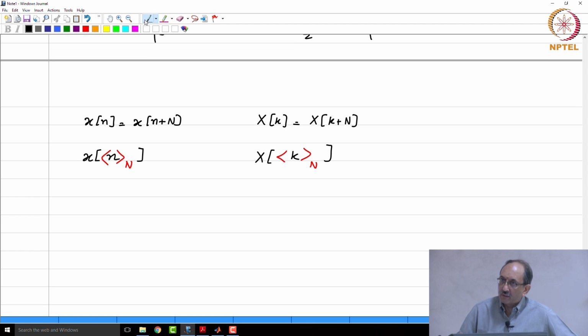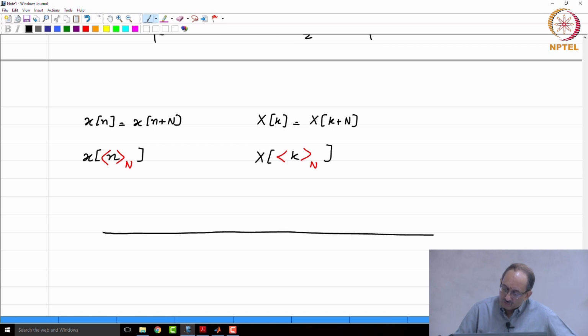And the moment you understand what is happening here, if you want to convert the DFT frequency to true frequency, first of all, you need the sampling frequency information. When you sample in the time domain, you periodically repeat in the frequency domain.